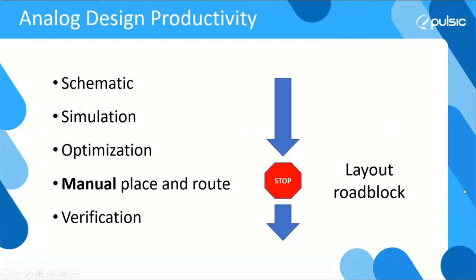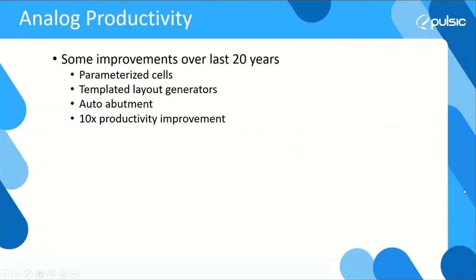Now, it has improved. Over the last 20 years, there have been many improvements to that flow, but it's fundamentally still manual. So we've got parameterized cells, and people aren't drawing rubylith and drawing every shape anymore. We have templated layout generators. Auto abutment really speeds things up.